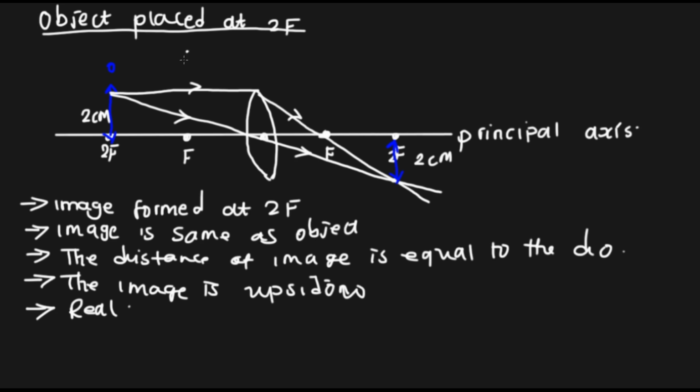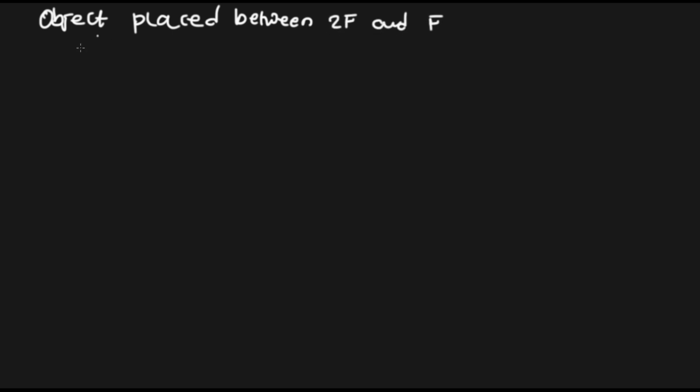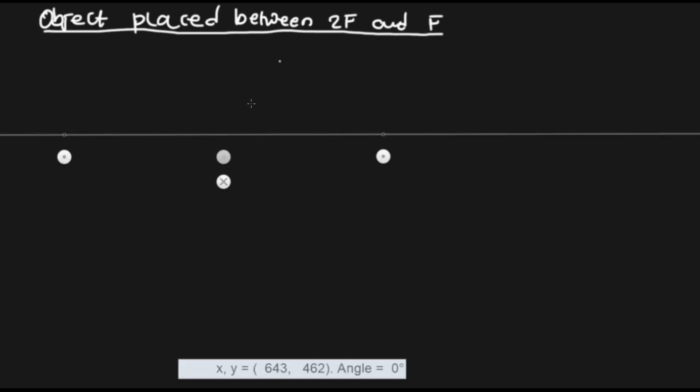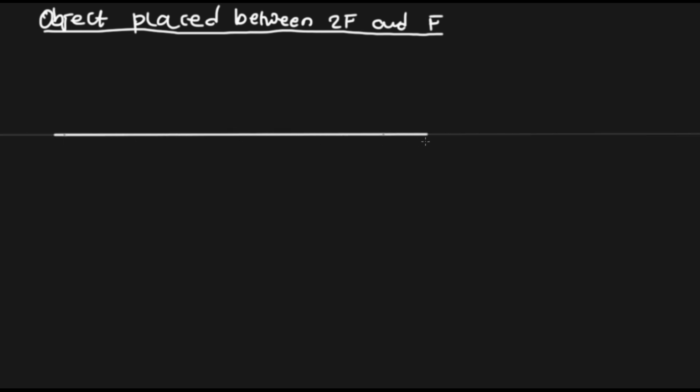Now, let's say we move an object between 2F and F. So what happens to the image? So object placed between 2F and F. So as usual, you first begin by you draw your principal axis, very important.